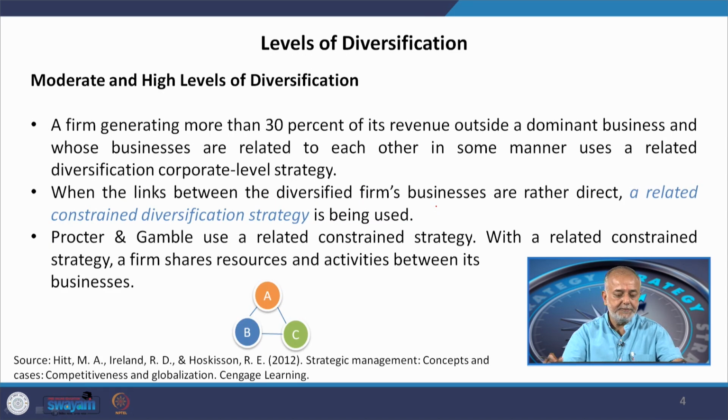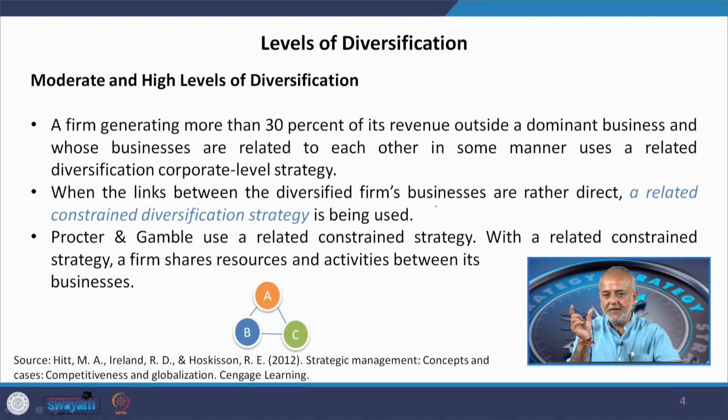Just to reiterate, in moderate and high levels of diversification, a firm generates more than 30% of its revenue outside a dominant business. Last time I told you that these are no sacrosanct figures, this is not a formula, but this is where the authors wish to give us a picture in terms of the percentage.